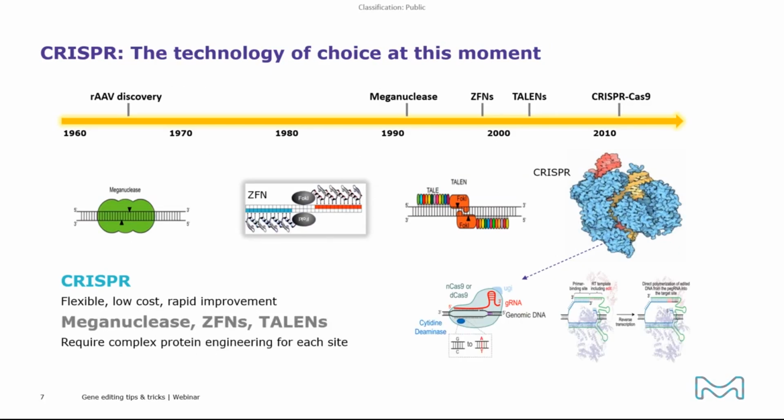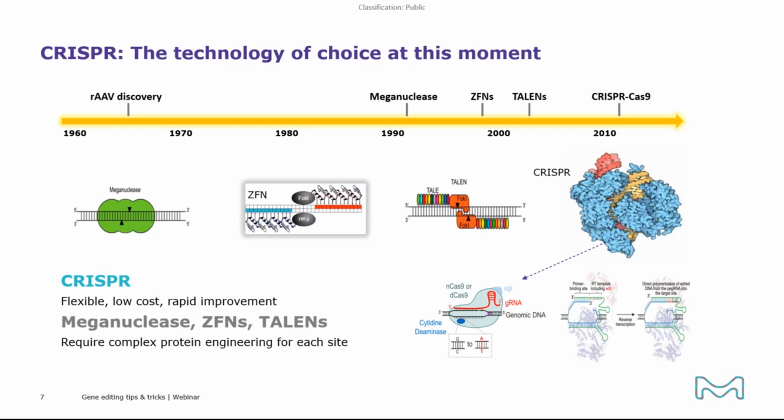Why CRISPR? After over 3 decades of collective efforts, we now have several gene editing platforms to choose from. There are meganuclease, zinc finger nuclease, TALEN, and of course CRISPR. Which platform is the best for you will depend on your specific circumstances.